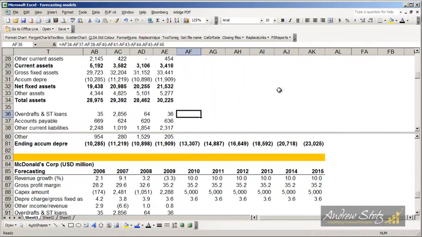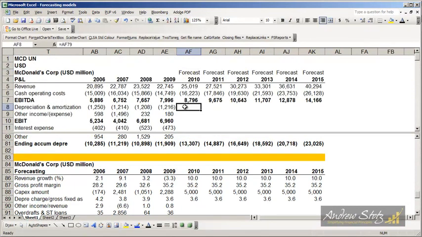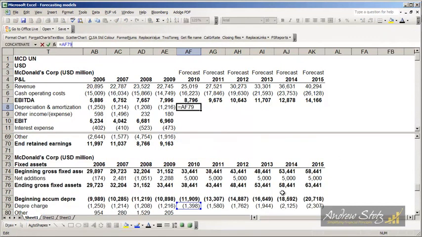Now, the result of this is that we can go back up to our profit and loss statement and pull our depreciation charge from where? Well, it's going to come from line 79 here, where we calculated a forecast depreciation. That's going to allow us to complete the depreciation portion of the P&L.